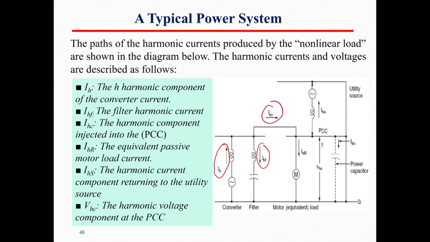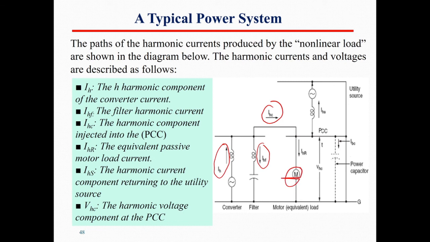Okay. So we have a harmonic source. We have a filter that will take care of the harmonic, but we could have also a small portion of this harmonic that will be injected in the source or into system. The IHR is the equivalent passive motor load current, so this motor needs a certain current.